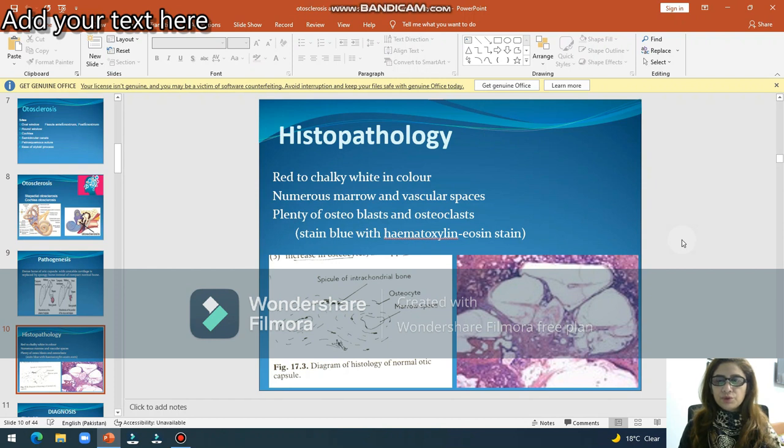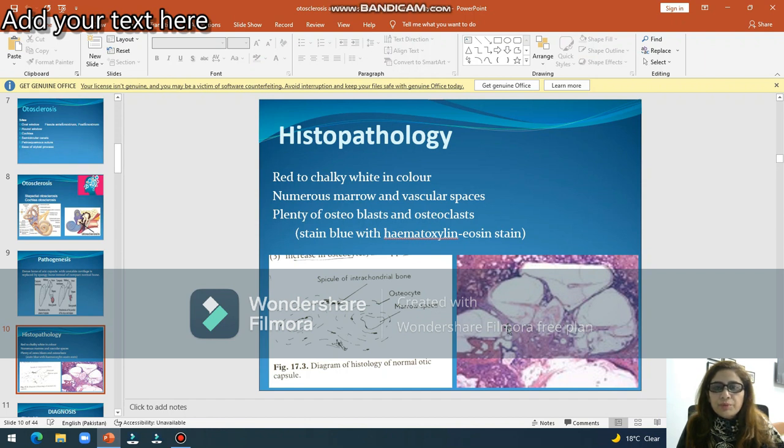So histopathology. It is red, chalky white in color. Numerous marrow and vascular spaces are seen in this immature bone, and it stains blue with hematoxylin and eosin stain.